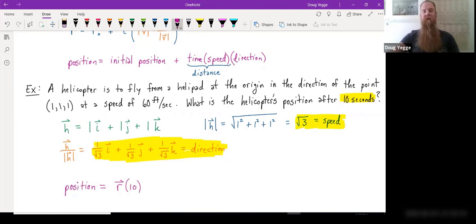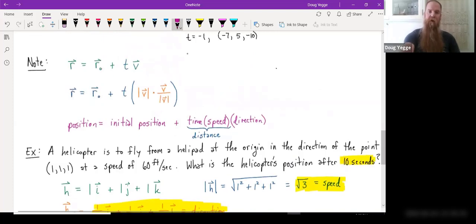Because if we revisit this equation up here, notice that the only unknown is t. We know what the initial position is. We know what the direction is. t is the unknown. So this here is actually a function of t.